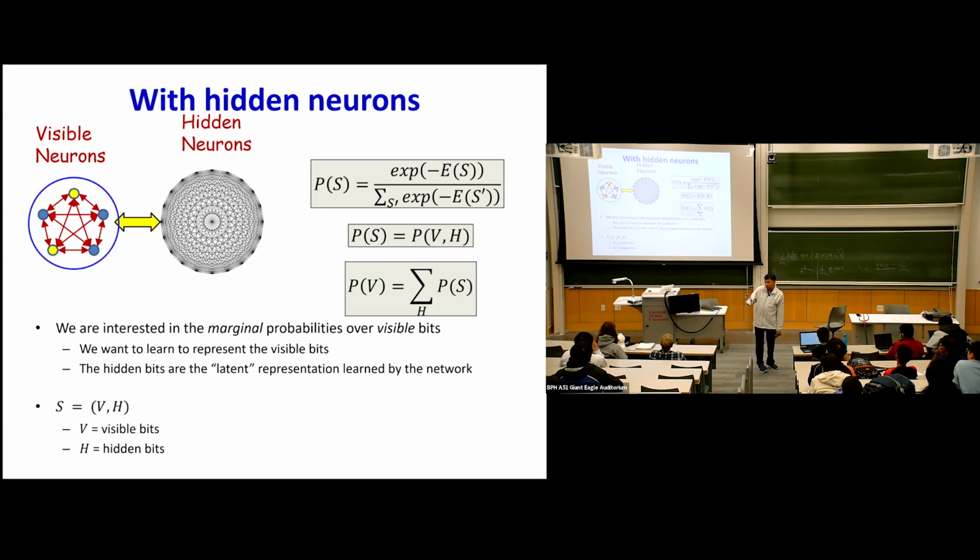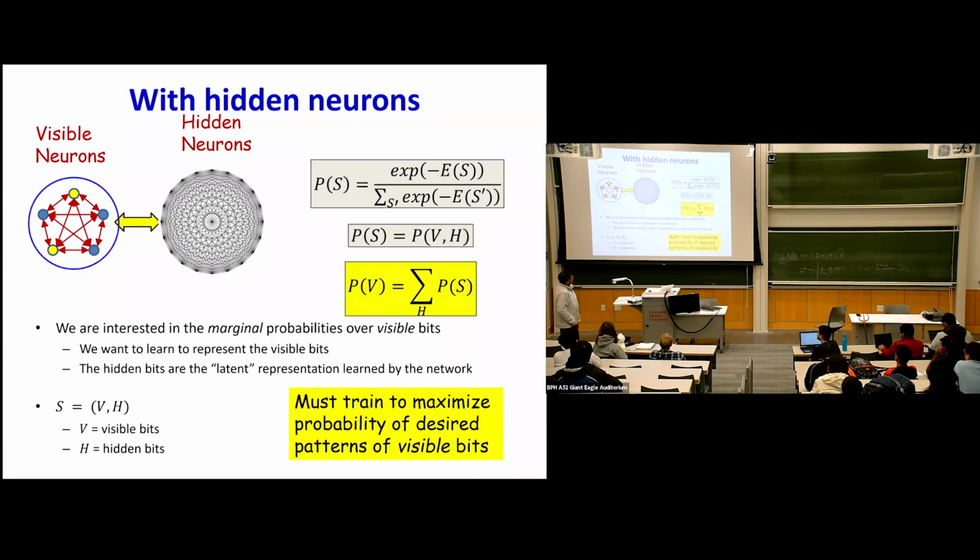You're not really interested in what's happening over the gray bits, the ones that are not colored. So in other words, an extended pattern S is going to be a concatenation of my visible bits and my hidden bits, right? But I want to maximize just the probability of the visible bits, P of V, not P of S, because that's all I really have in my training data.